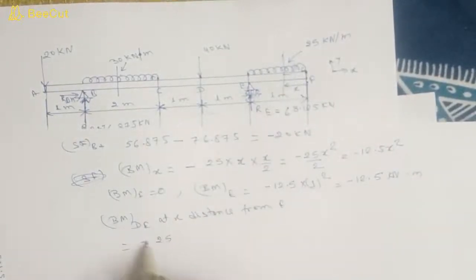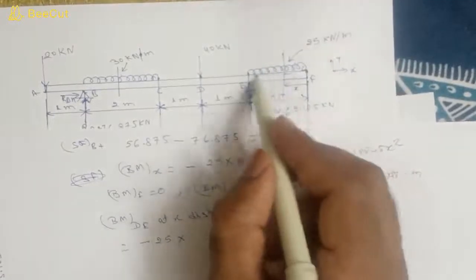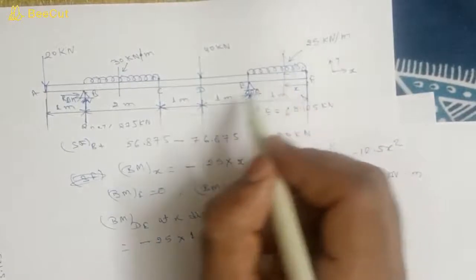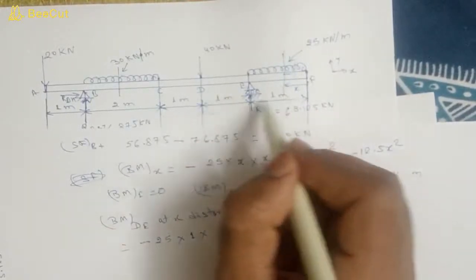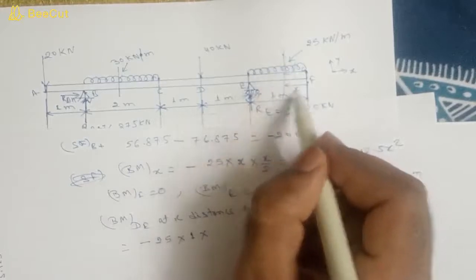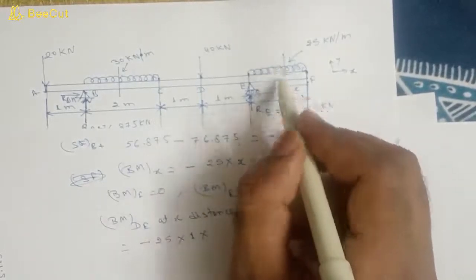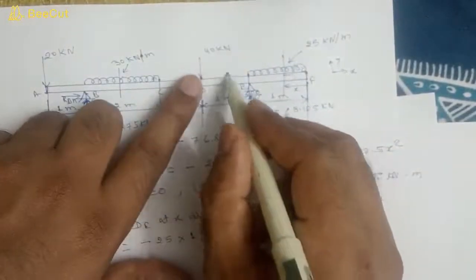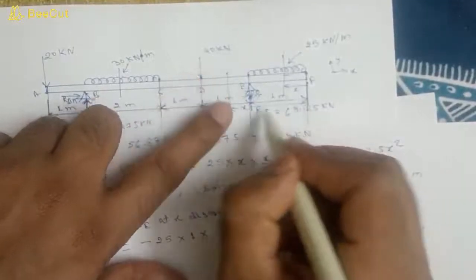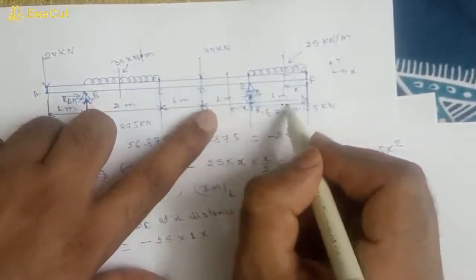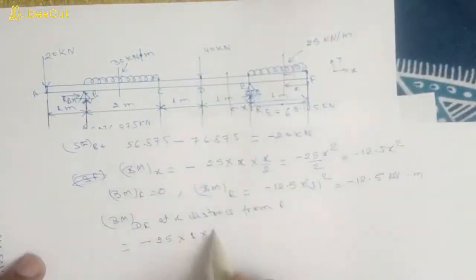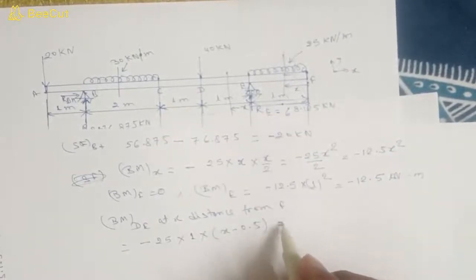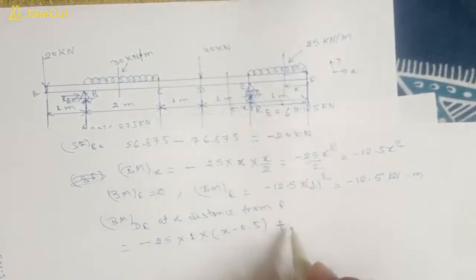So 25 into total length is 1 meter, into distance from the centroid, this distance is x, so x minus half of this, 0.5. This is total 1 meter, so the centroid will be located at 0.5 meter from here. So it will become x minus 0.5. And this force is causing a sagging moment.